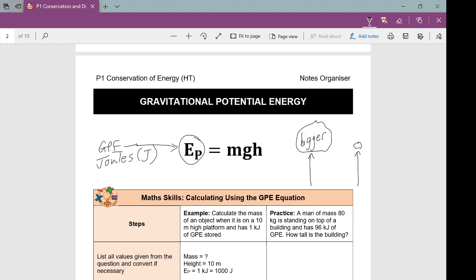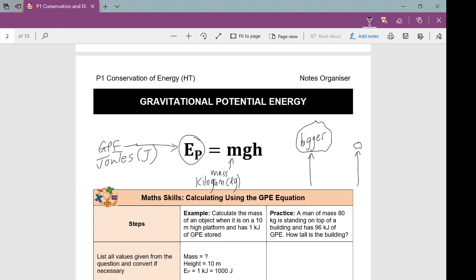So the M in this formula stands for its mass, because how much gravitational potential energy it has depends on its mass. And the unit of measurement that goes into this formula is the kilogram. Kilogram. And we can shorten that to kg.